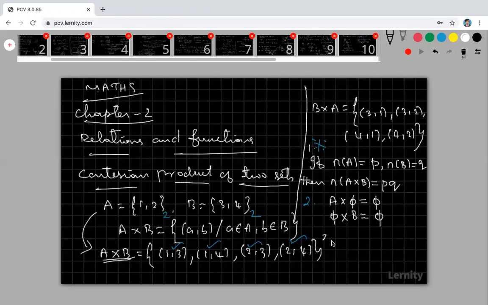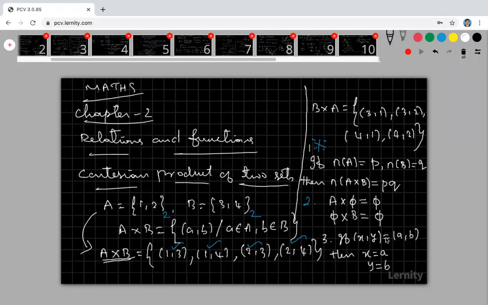And the third one: if any two ordered pairs are equal. Suppose this is one ordered pair, this is another ordered pair, and both are equal. Equal means x is equal to a and y is equal to b.